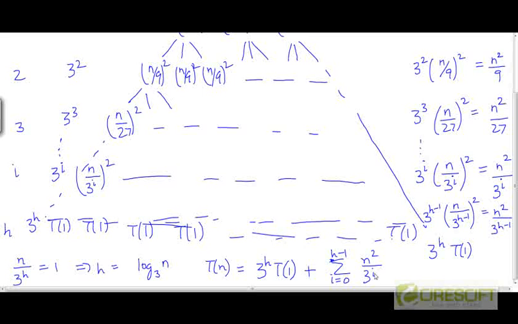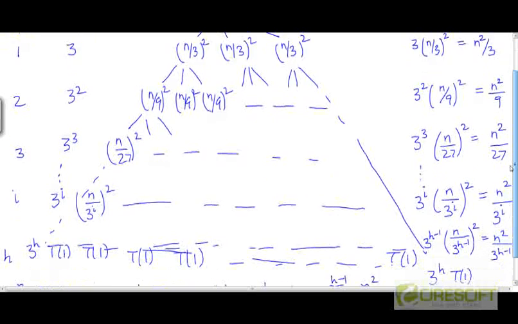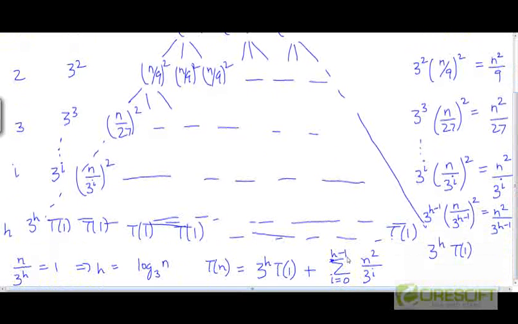When i is equal to 0, we have the cost of n squared, which is the cost for the topmost level. And when i is equal to h minus 1, we have a cost of n squared divided by 3 to the power h minus 1, which is the cost for the penultimate level. So this is the expression for T of n.